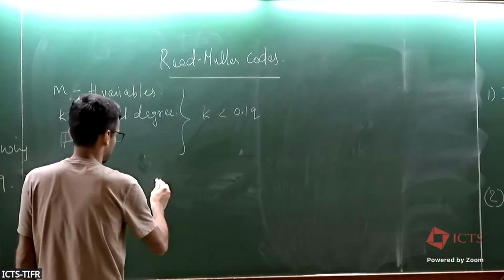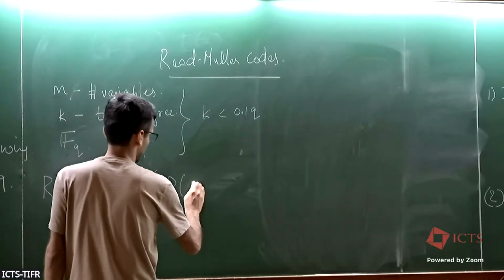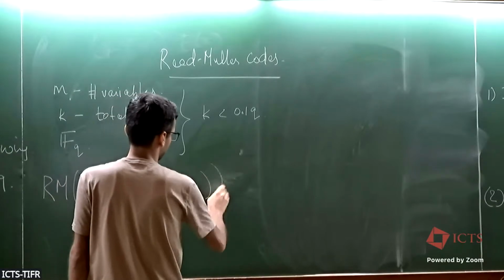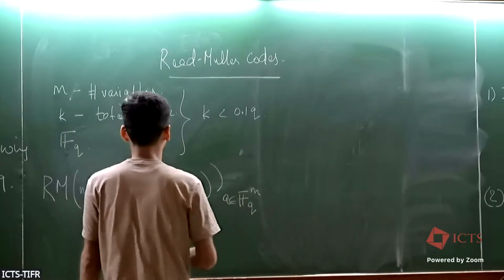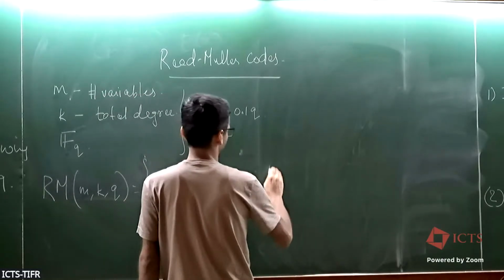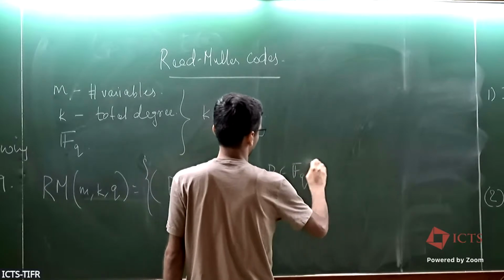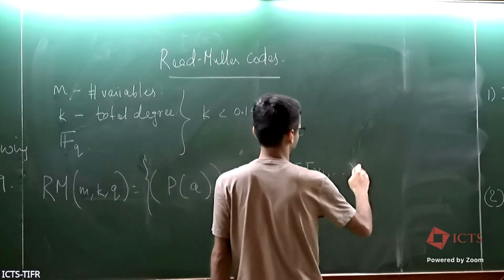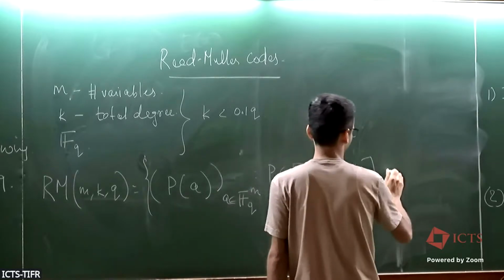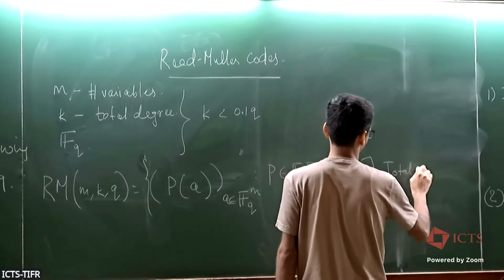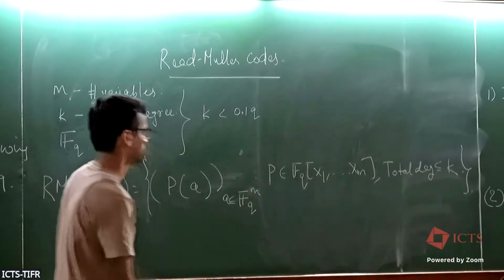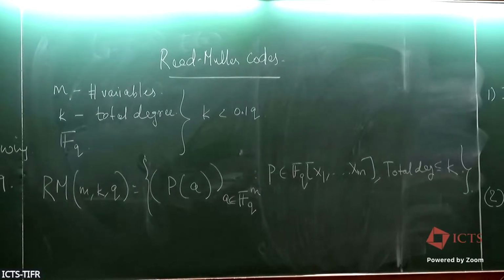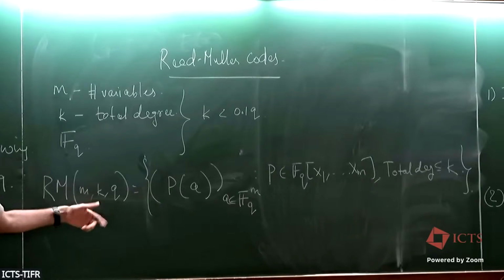So you can think of a code word as follows: P of A, as A ranges over F_q to the M, where P is in F_q adjoin X_1 to X_M, with total degree at most K. It's the multivariate generalization of a Reed-Solomon code.